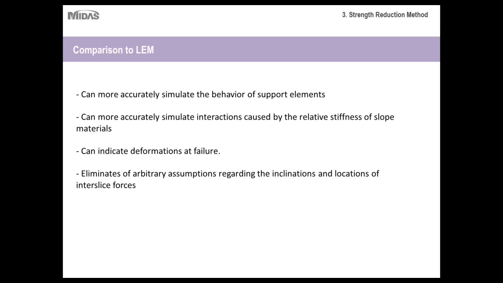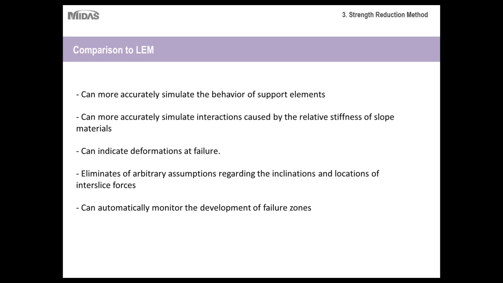So in other words, with the strength reduction method, because fewer assumptions are made, the final results are going to be more optimized or more accurate. Whereas with the limit equilibrium method, because of those assumptions that you make, more conservative results will be given. So typically, with the limit equilibrium method, you'll get factors of safety that are higher than what you'd get with the strength reduction method.